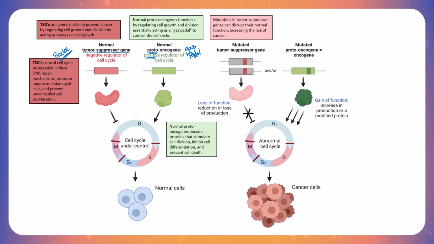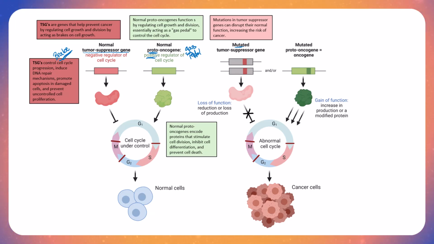However, when the tumor suppressor genes become mutated, mutations in those genes can disrupt their normal function, increasing the risk of cancer. Imagine you change the function of the brakes and they no longer brake your car or stop your car or train or bus or whatever effectively.